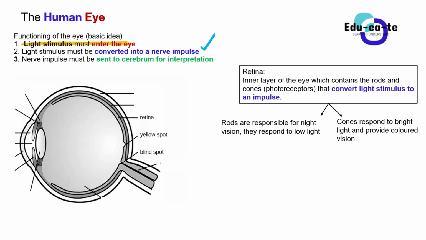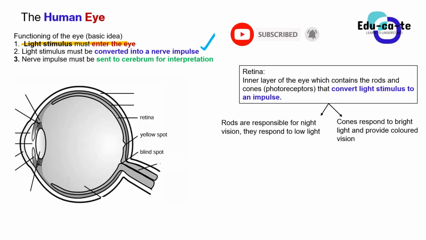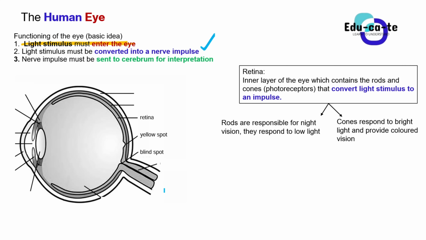Because you cannot see light moving through your skin and going to your brain. No, that is abnormal. So it moves in the form of a nerve impulse. Now that we have already talked about how light enters through the eye, here is the light. It has entered through the eye.